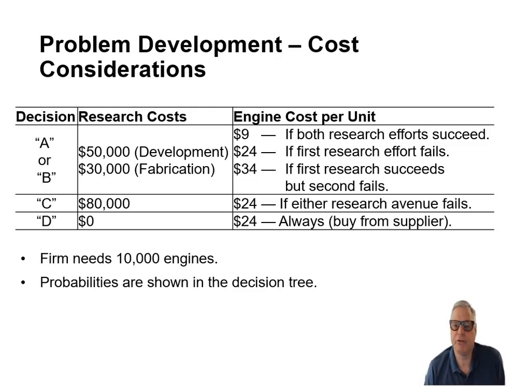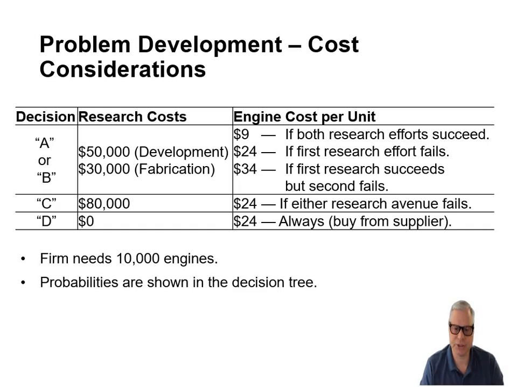But if the first research effort fails, which might be either the development research or the fabrication, then it still can buy the engine at a cost of 24 from a third supplier. But if the first research succeeds, either development or fabrication, but then the second fails, then the company needs to buy the engine at 34.